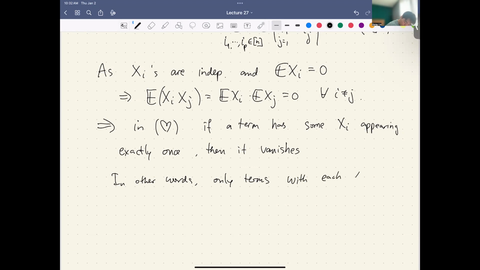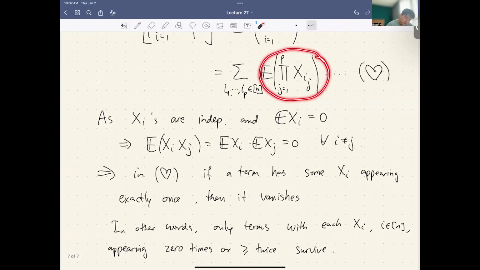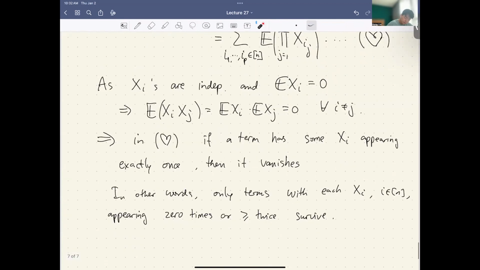With each xi, i in n, appearing 0 times or at least twice, the term survives. And for each one of these terms in this summand, because xi is bounded by 1, each one of these terms is also at most 1, right?